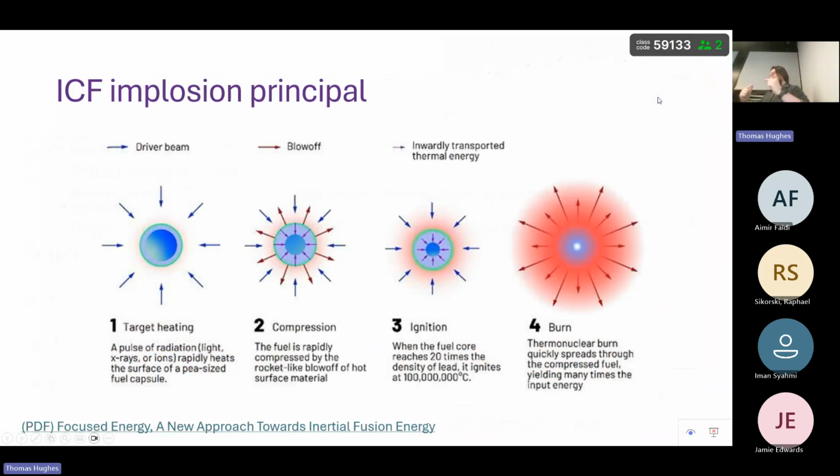This will cause a compression into the pellet, which will then lead to an implosion. And then you'll get your ignition of the fusion fuel because the force of the implosion is enough to make it super dense, so it'll ignite, and then you'll have your thermonuclear burn and your fusion plasma. Although it's not technically a plasma, it's just a fusion explosion, essentially.